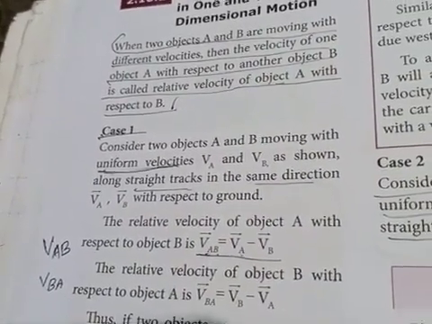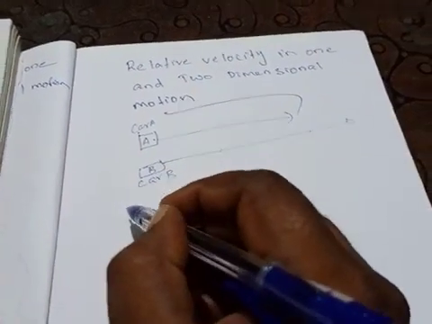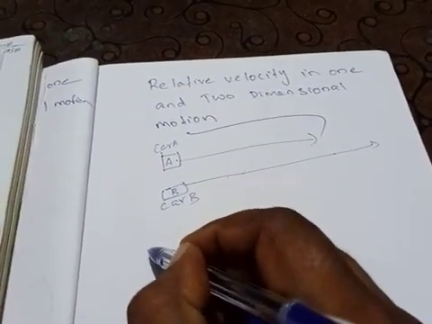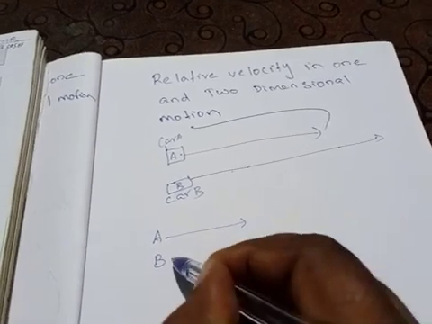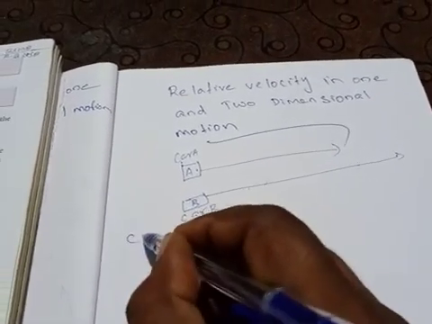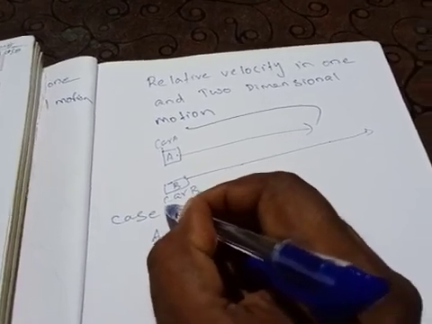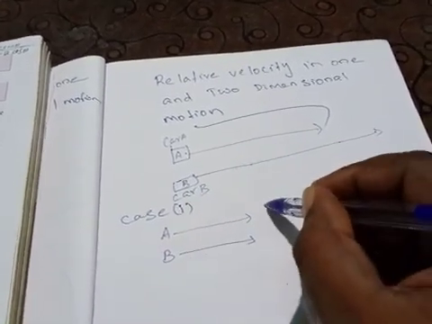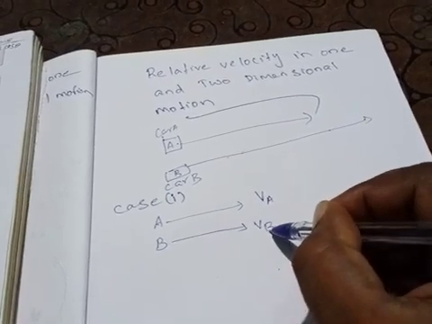Consider two objects A and B moving with uniform velocity. Assume two cars, we can take the same example. Now car A and car B are moving with uniform velocity. This is case 1: uniform velocity, where one velocity is VA and the other velocity is VB.